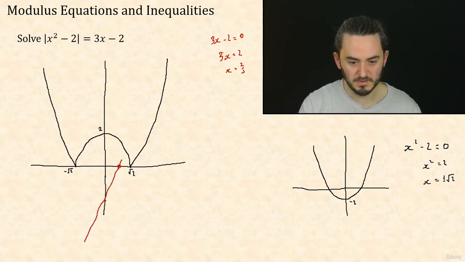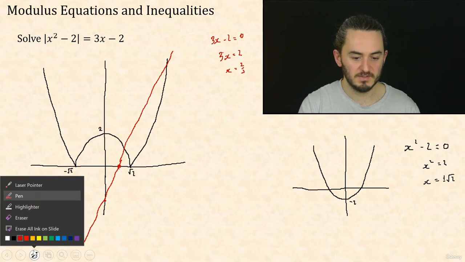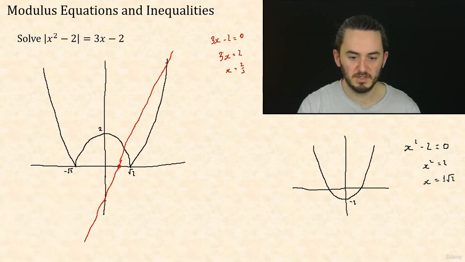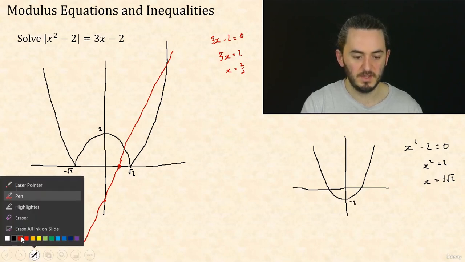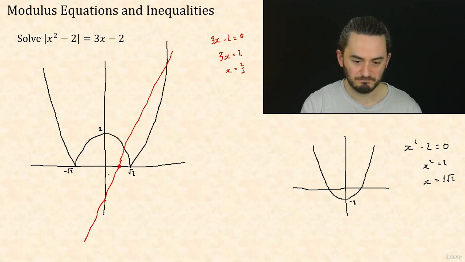So up it goes, and crucially, it will intersect again. The reason I know that is that quadratics always just get steeper and steeper, so they will always catch up with any straight line. It doesn't matter how steep that red line was, the quadratic always catches up in the end.